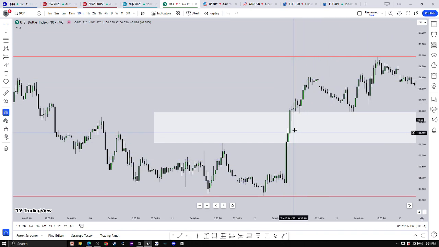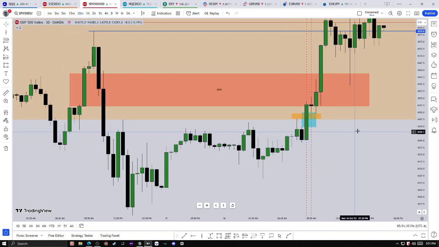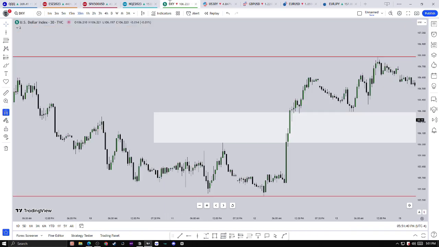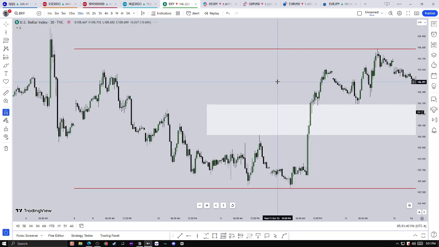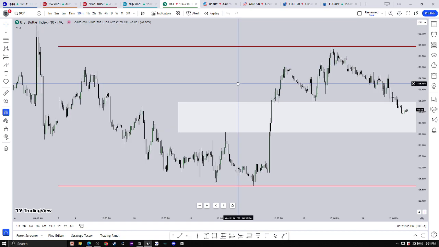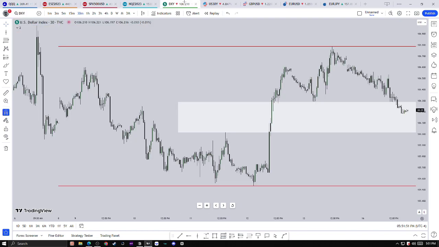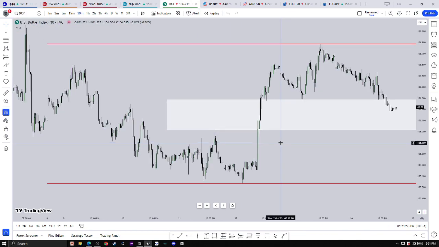It ran all the way up. Wait a minute. Wait, why didn't SPX go down? Wait, SPX went up. Oh, wait, yeah, no, that doesn't make sense.